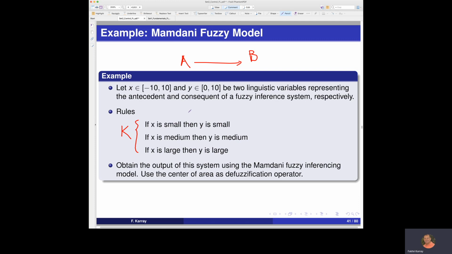So now we have several representations of each element of the antecedent. So we have the medium, we have the large, and we have the small. Okay, so we would like to obtain the output of the system using the Mamdani fuzzy inferencing model. And we would like to utilize the center of area as the defuzzification operator.